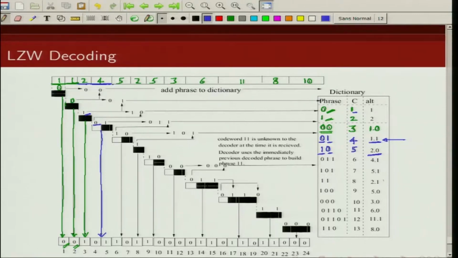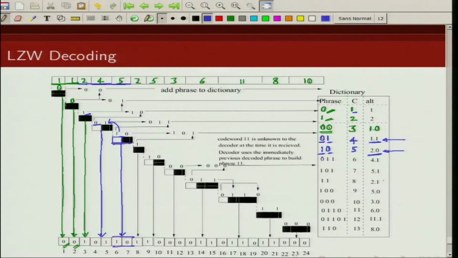Next, I decode 5. What is 5? 5 is 1 0. So 5 is decoded as 1 0. Now in 1 0, what is the innovation symbol? That's 1. Now I add this innovation symbol to the previous phrase. So I get 0 1 1.